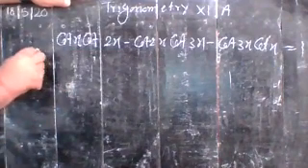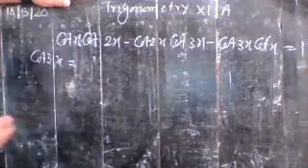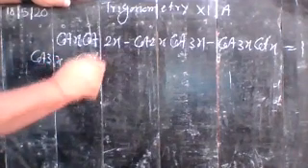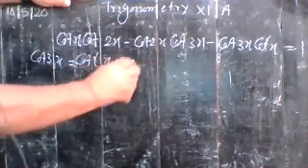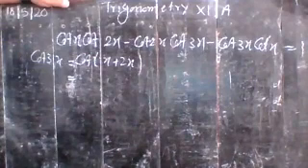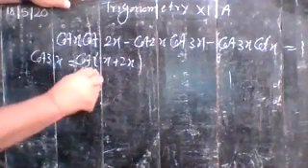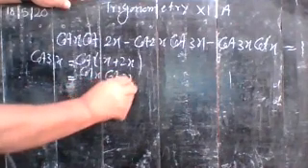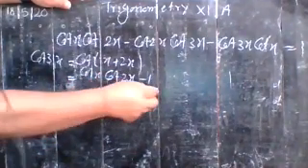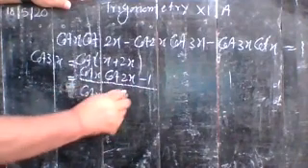So cot 3x can be written as cot of x plus 2x. Now applying the formula for cot of x plus y, that is equal to cot x cot 2x minus 1, divided by cot x plus cot 2x.